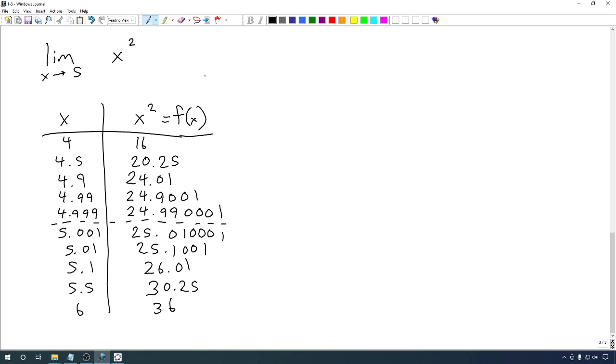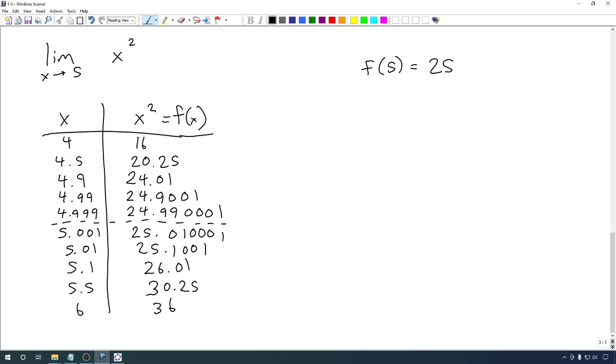Now note that 5 is in the domain of x squared. We didn't have a problem with domain here. And nothing about the definition of limit requires us to only be looking at points that are not in the domain. Since 5 is in the domain of x squared, we can go ahead and plug in 5.